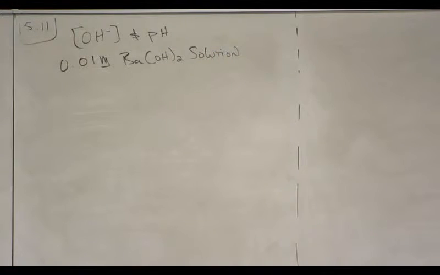First thing when doing these problems, you have to recognize that it's on the short list for the strong bases. That's key, because there's going to be no Kb. If you try to look up a Kb for it, it's not going to be there, so that's the other thing that you notice.